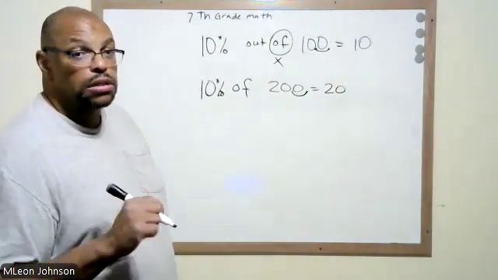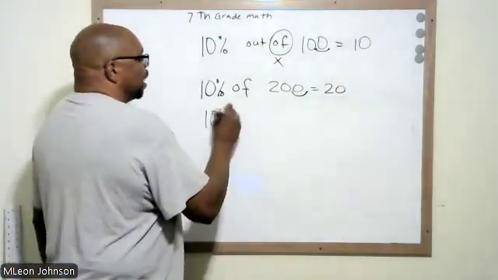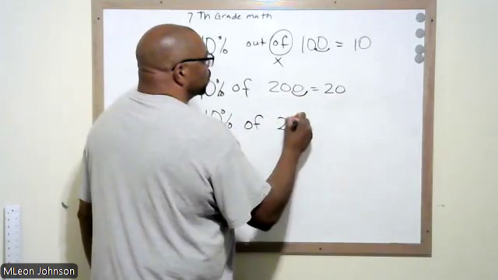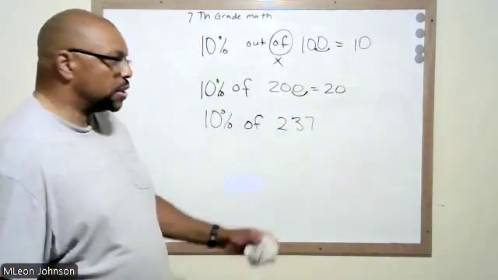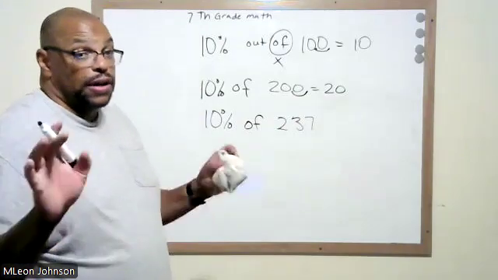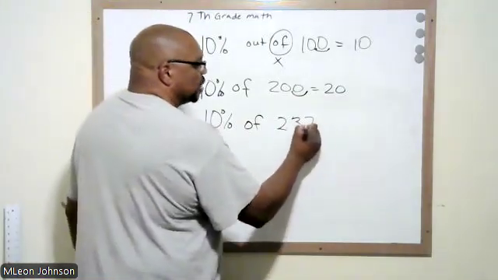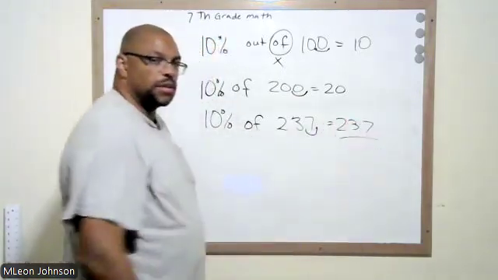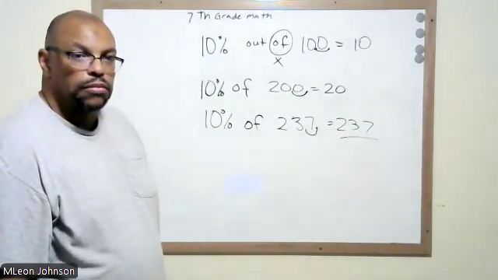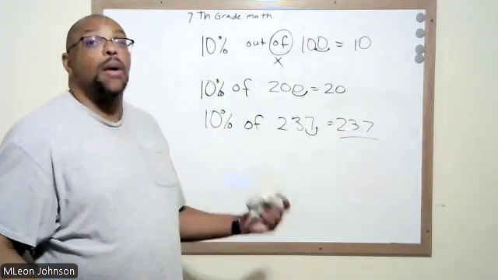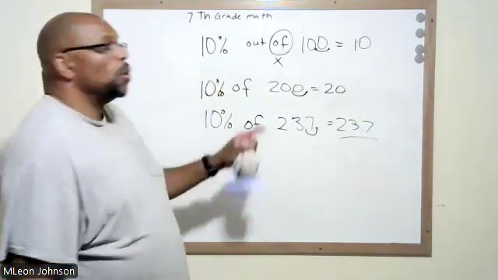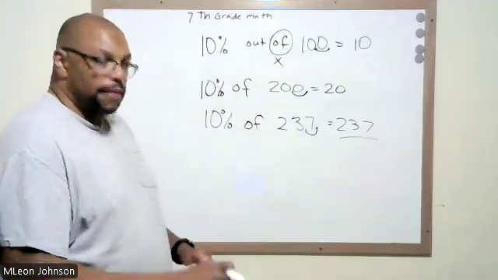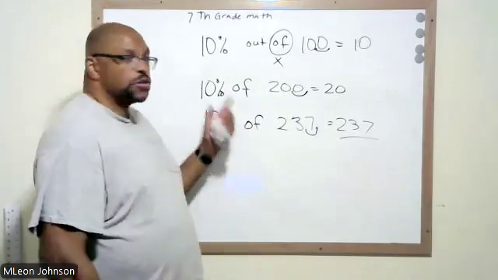So from here on out, anytime you see 10% or have to take 10% of a number, let's do this one, 237. What's 10% of 237? Well, for now, you understand it's simple. I just move the decimal place over one time, and now it is equal to 23.7. That's 10%. That was quite simple. So that's how that works. We take 10% of something, we just take the decimal point and move it over one time to the left. Okay? Good. I hope this helps for the first part of percentage.